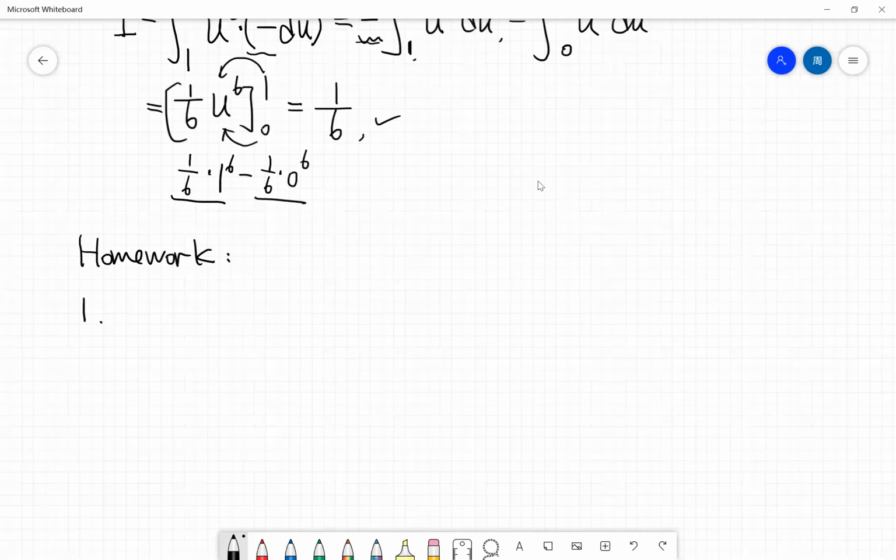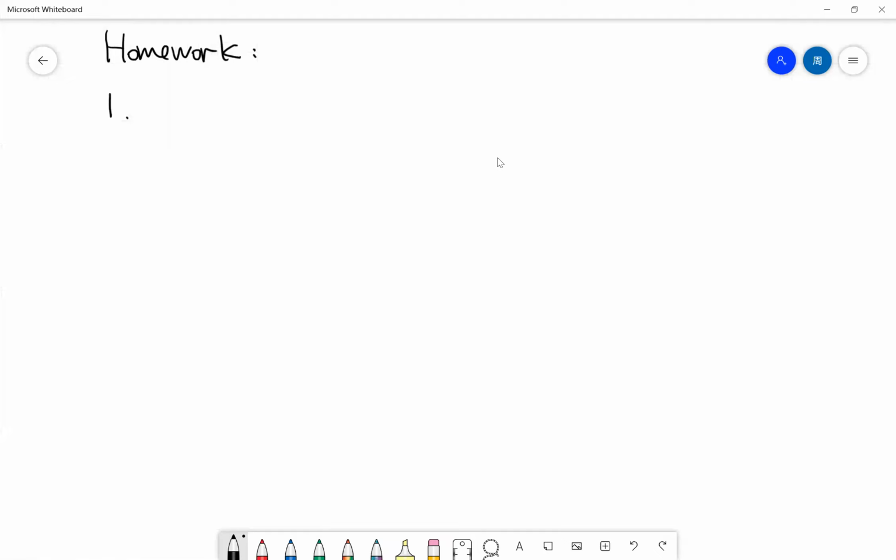Okay, Laoshi. So I will write the homework here. And please take notes and submit before next Thursday. The first one, that is from -1 to 1, the integral of 2x squared plus x cosine x by 1 plus square root of 1 minus x squared dx.